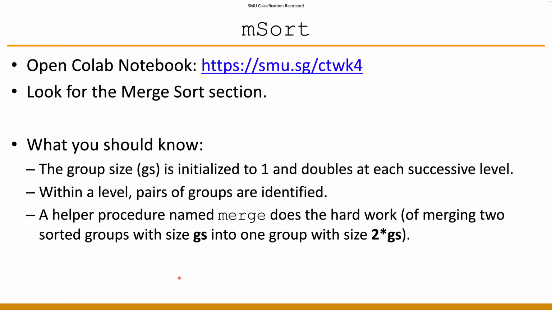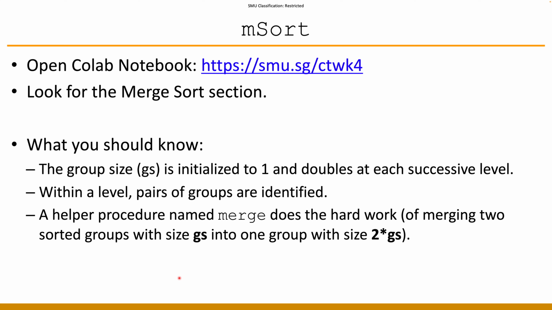You start from the smallest possible unit, which is 1, but you double that every time. You double it because every time you execute the merging process, you merge 2 units into 1 larger unit. And this is actually where the name merge sort comes from: you merge 2 smaller, fully sorted units into 1 unit.